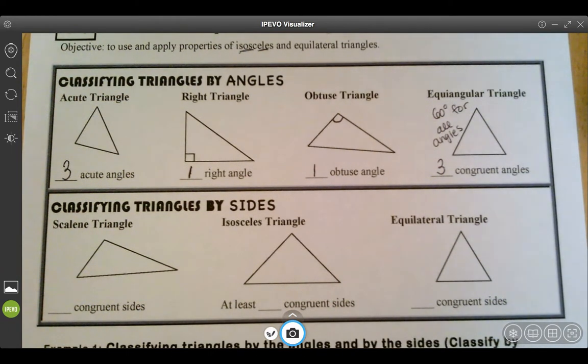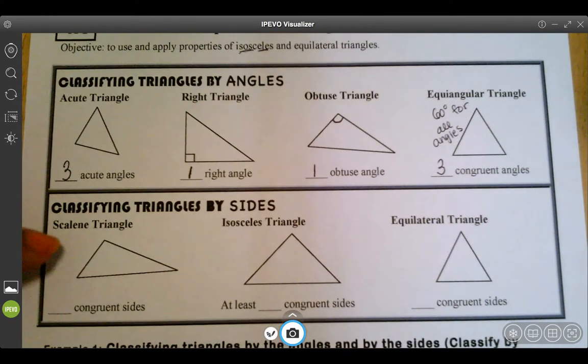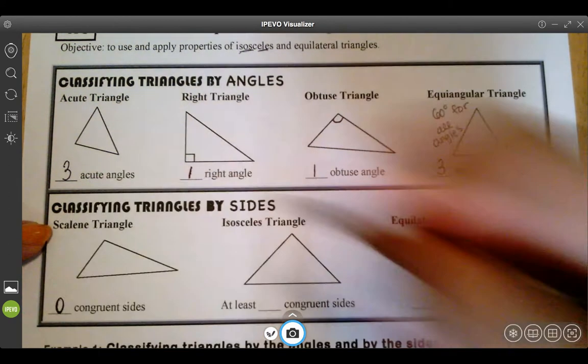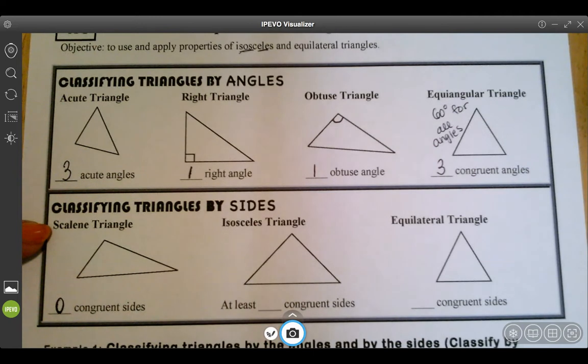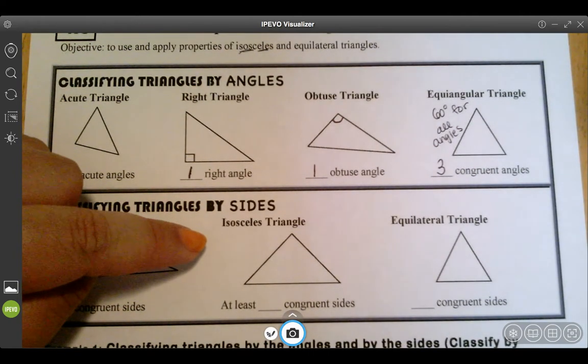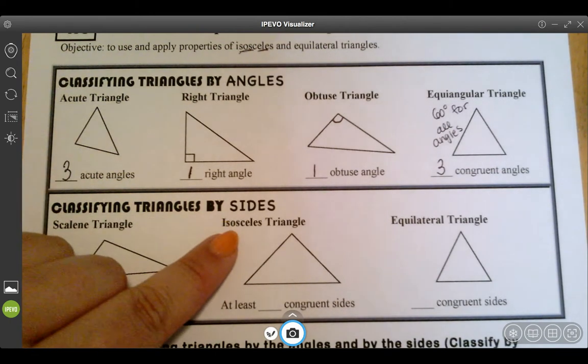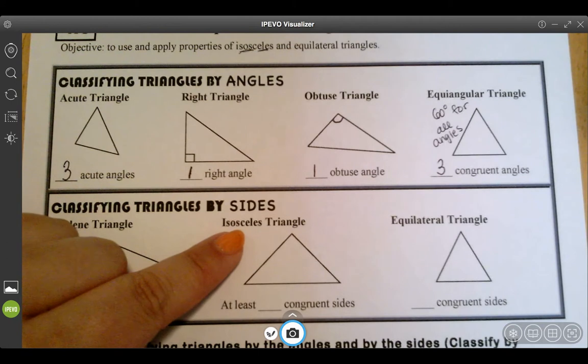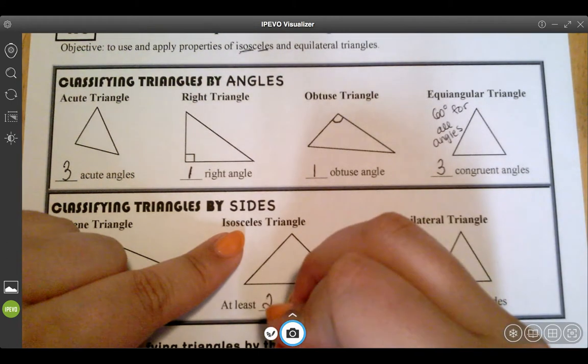Our second way of classifying triangles is by their side length. And so our first way is if I have scalene triangles, that means that all 3 sides are different lengths. So we have 0 congruent sides. All 3 sides are different lengths. Our second type of triangle is if we have 2 sides that are the same length. That's that "so-so-sele" reminder, right? 2 congruent sides.